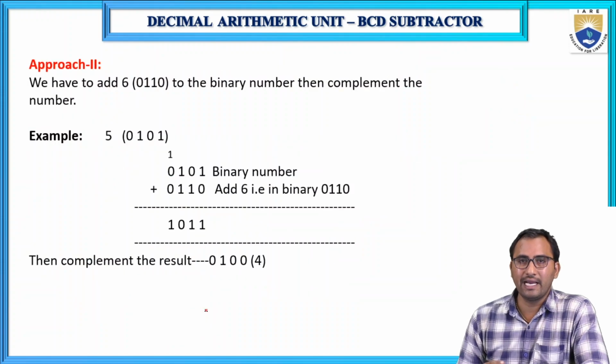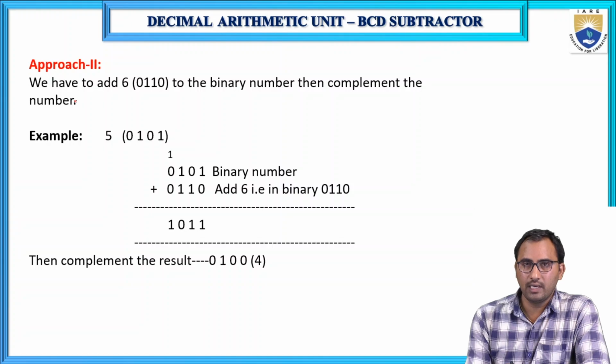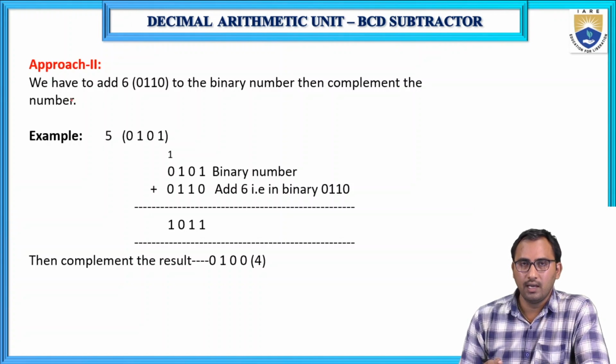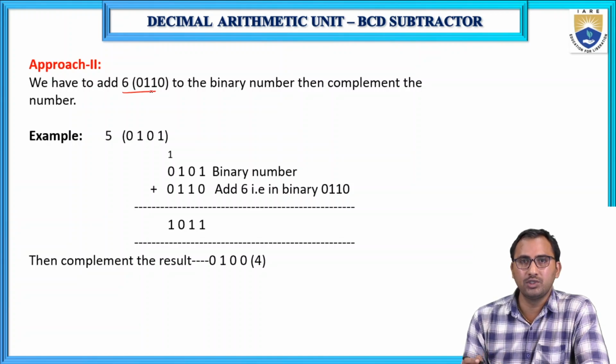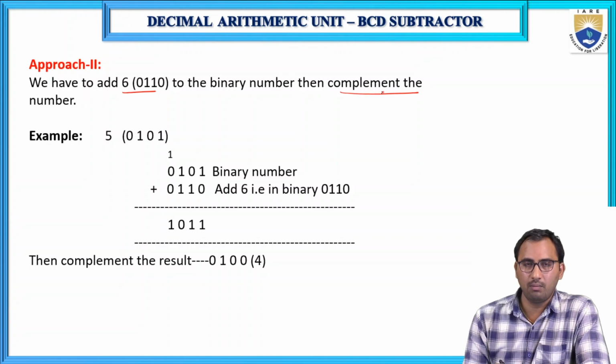And coming to the second approach. Here in the second approach, we have to add 6, that means 0110, to the binary number, then complement the result. Consider the number 5, 0101.